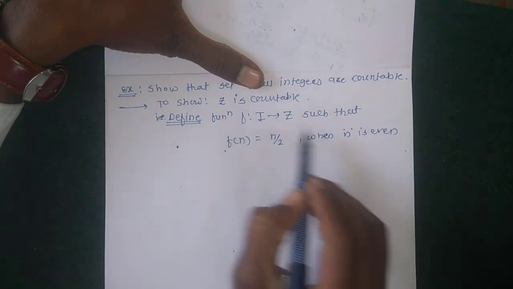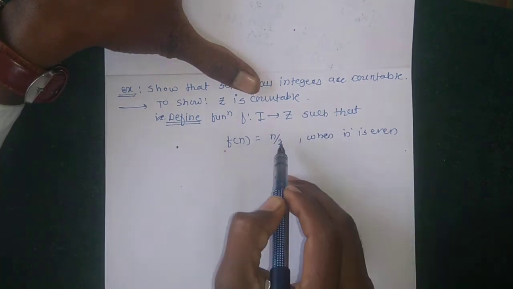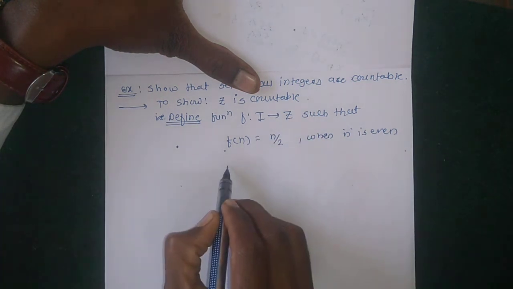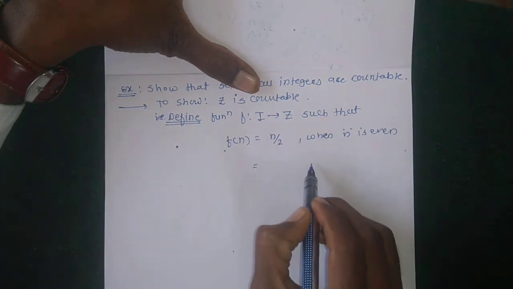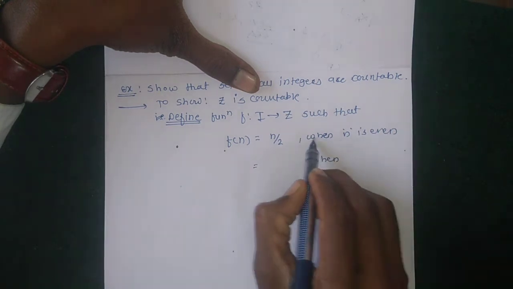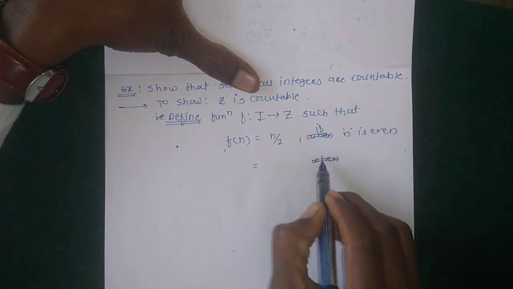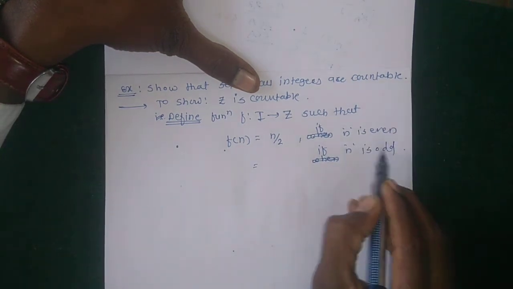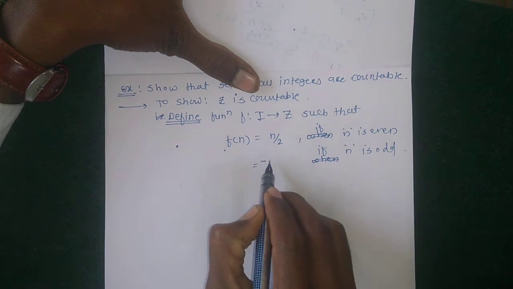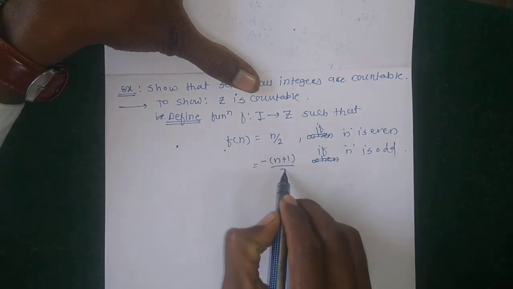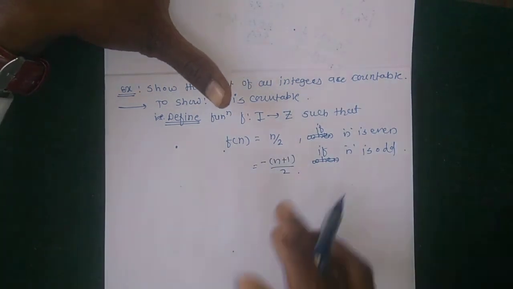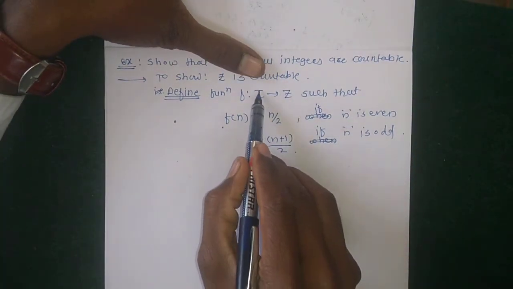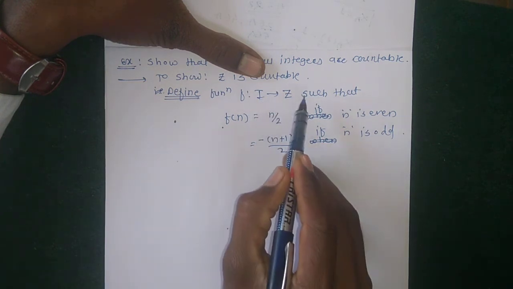If any element n is even, then its value is n by 2 in Z. And if n is odd, then its value is minus of n plus 1 by 2. This is a function defined on the set of all positive integers to Z.